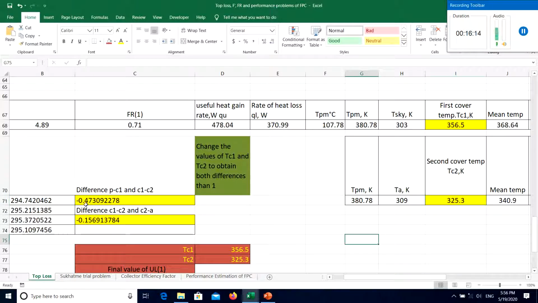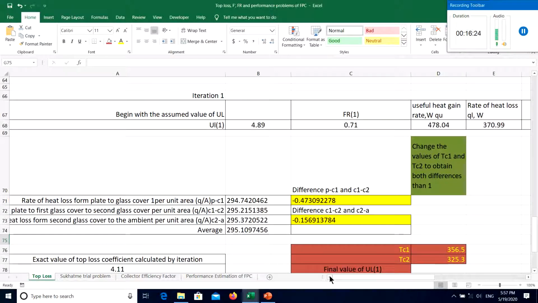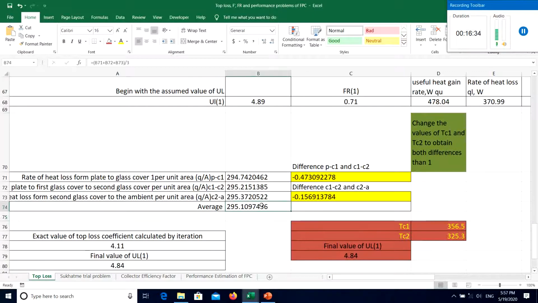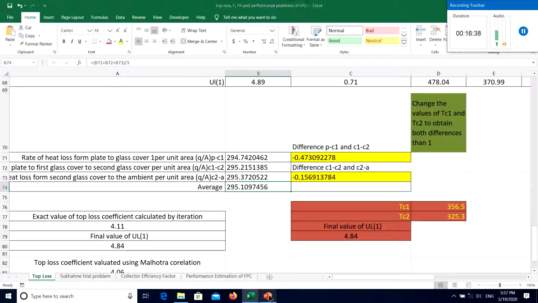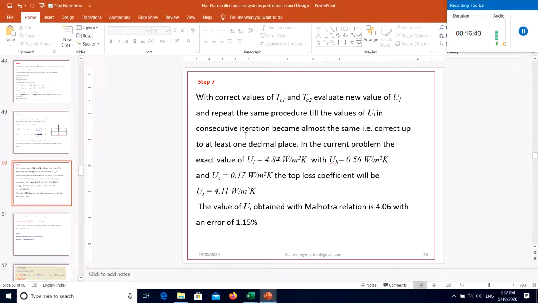Now this difference is less than 1, minus 0.47. This difference is negligible. So we can say that these TC1 and TC2 values are correct values. Now from these values I will find out the average rate of heat loss, and from the average rate of heat loss we can come back again here to step 7.